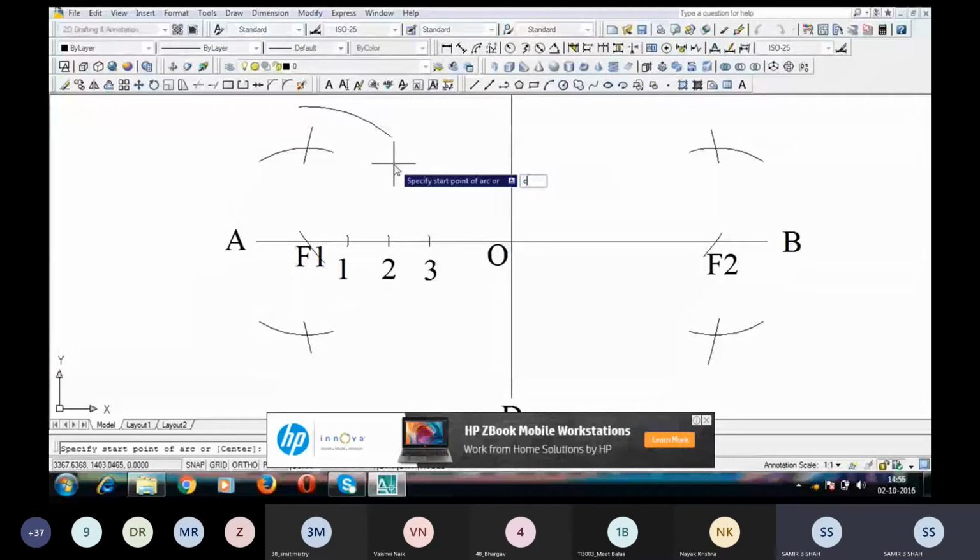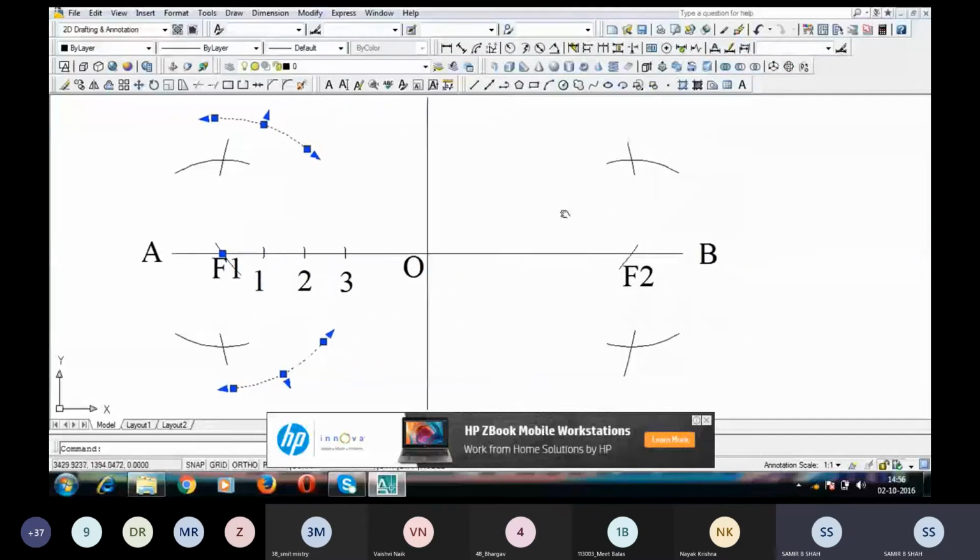Then again, with F1 as center, we need to put an arc of 32.5. This is our arc. Okay, that's our arc, right? Well, same thing has to be done taking F2 as center. I'm going to just mirror these points. That's it.